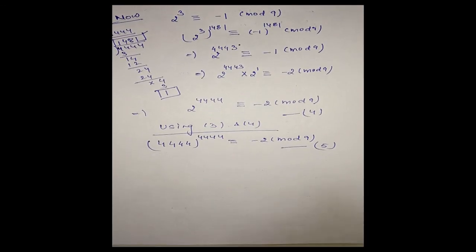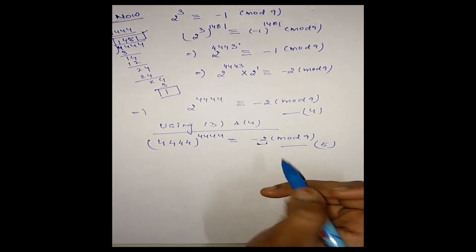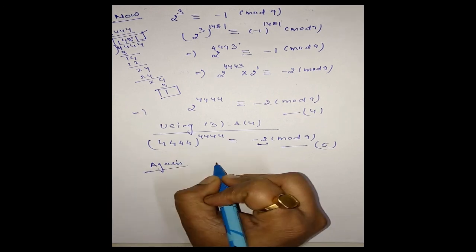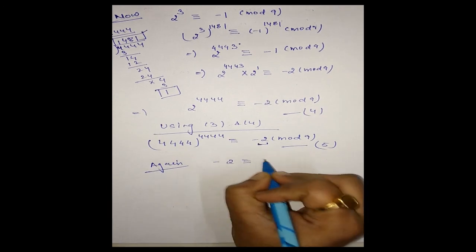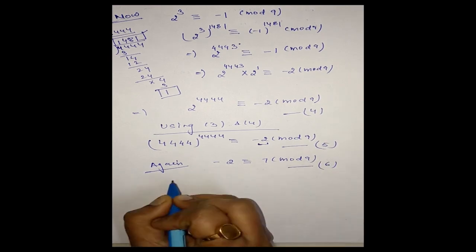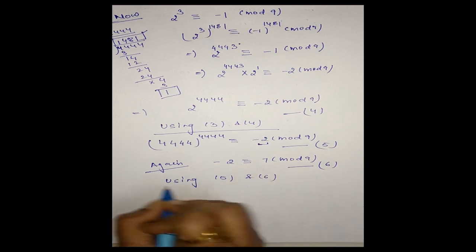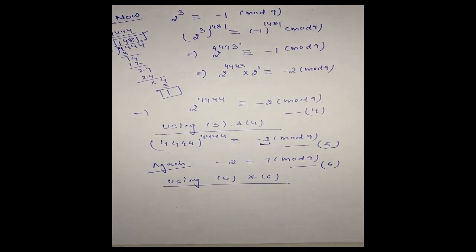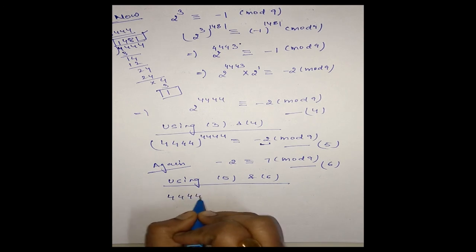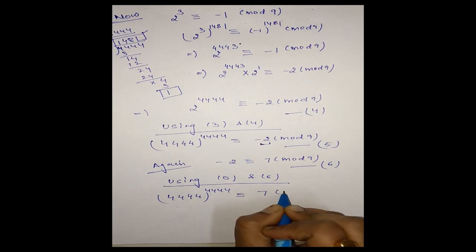Now here also the remainder has a negative sign. We have to find a remainder free from the negative sign, so we will use this congruence relation: minus 2 is congruent to 7 modulo 9. Now using 5 and 6, we get 4 times 4 power 4 times 4 is congruent to 7 modulo 9.